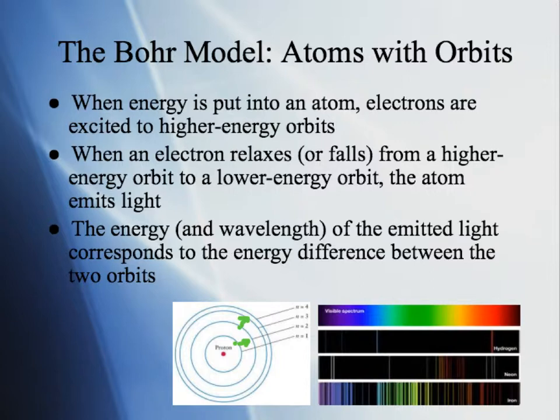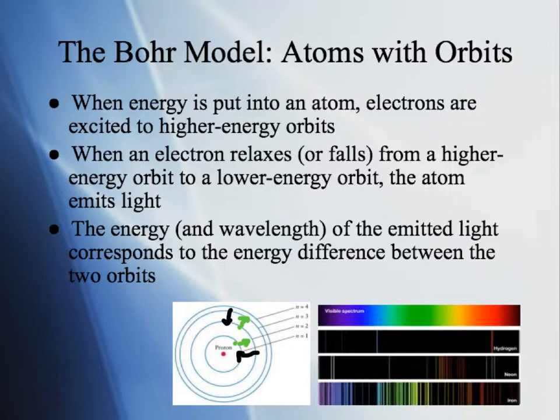The closer you are to the nucleus, the lower the energy. So when energy is put into an atom, those electrons jump into higher energy orbits. And eventually they're going to fall back down to their lower energy, their original energy states.